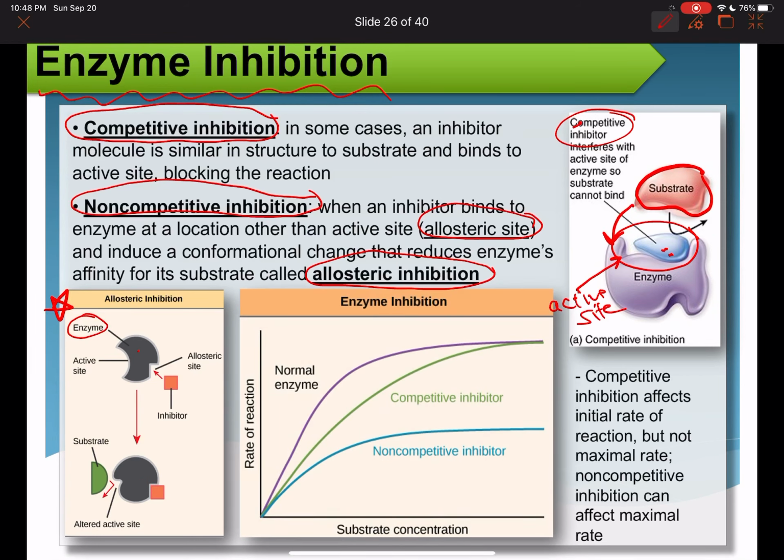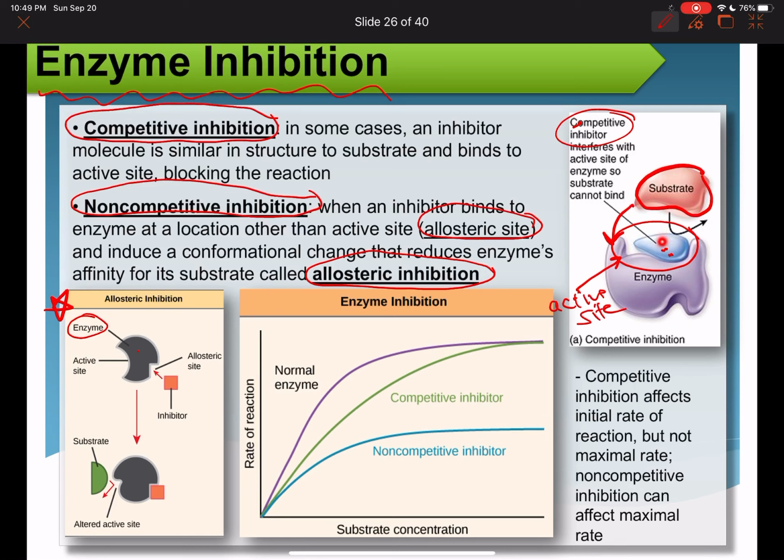How these two different types of inhibition affect enzyme rate, or enzymatic rate, can also differ. For a competitive inhibitor, because it binds to the same active site, it's competing against the substrate, and it does not change the active site.